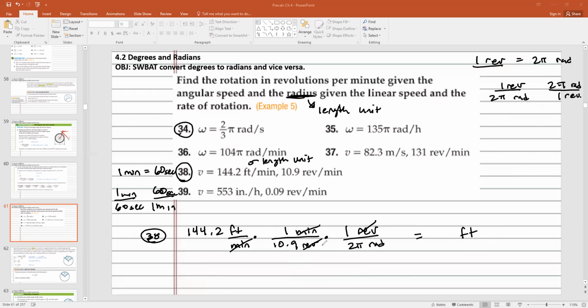It's like a placeholder kind of. And a way to do this is whatever you have on top, you want to multiply, and whatever numbers you have on the bottom, the denominators, those are the ones you want to have on the denominator.